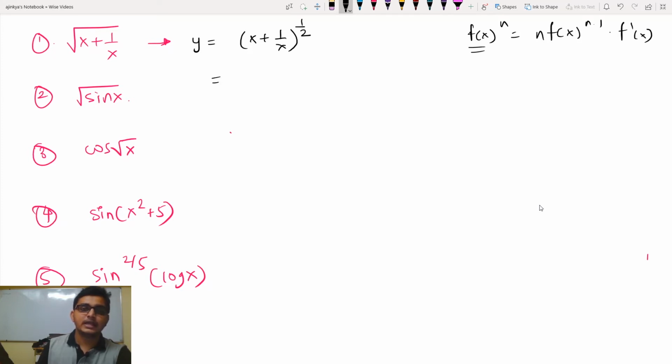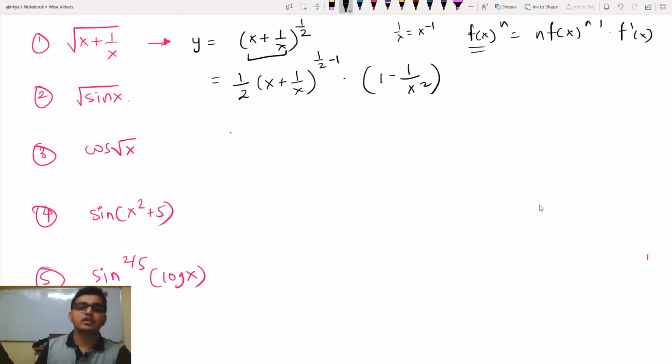So we'll take 1 upon 2 below here and we'll write x plus 1 upon x raised to 1 upon 2 minus 1 times the derivative of this inside function. So derivative of x is 1, and 1 upon x can be written as x raised to minus 1, so this will be 1 minus 1 upon x square.